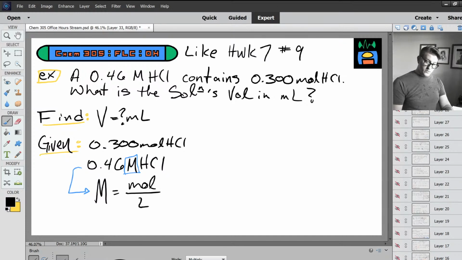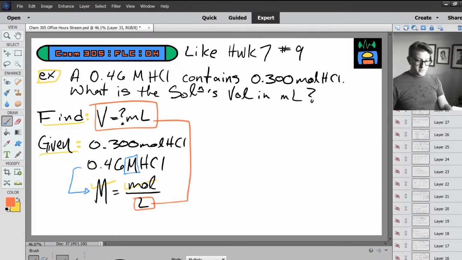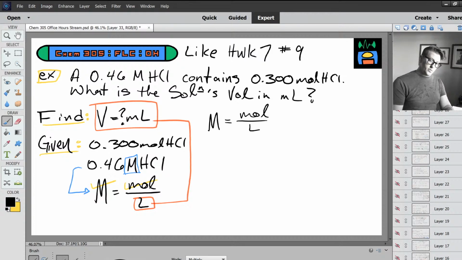Molarity is moles over liters. And if you look at this, we know molarity, we know moles, and we want to find our volume. So we can use the equation for molarity to find our volume.